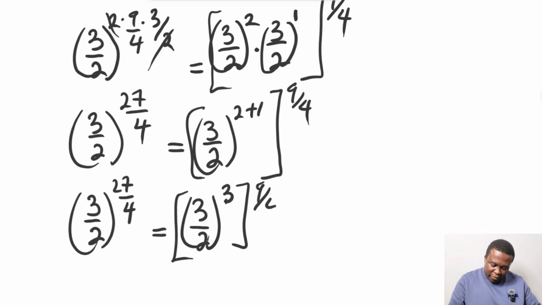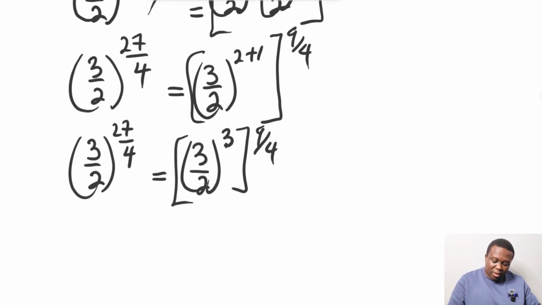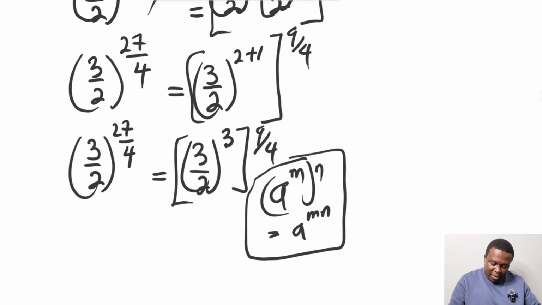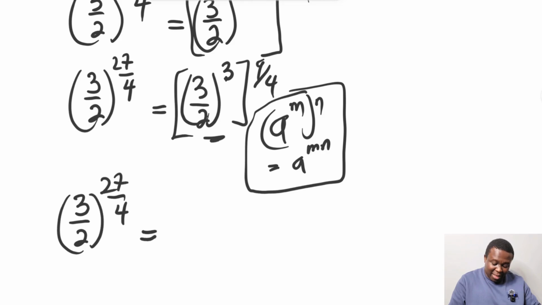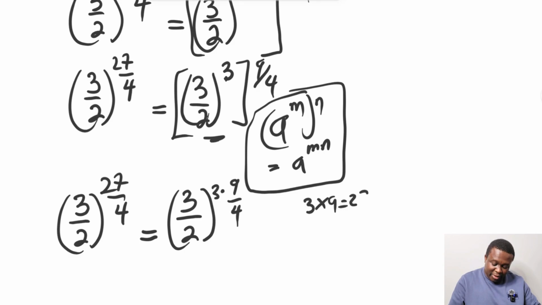Then 9/4. Now, just like the formula we used before, this is equal to a to the power mn. So we're going to apply that to the right-hand side. So now we have 3/2 to the 27/4, because we want it to look like the left-hand side. It's the same thing as 3/2 to the 3 times 9/4. And now 3 times 9 is 27.